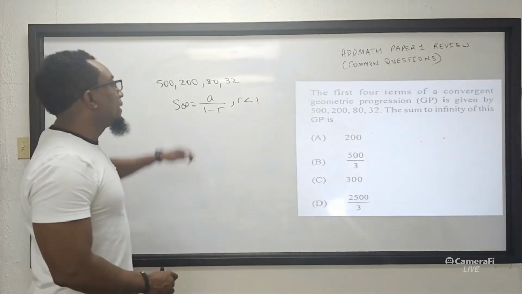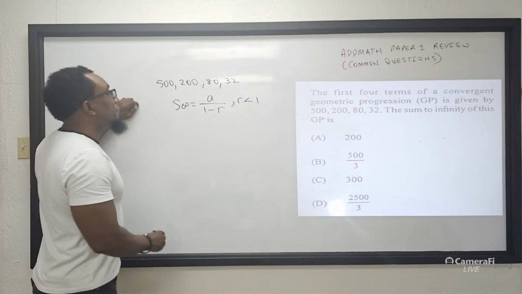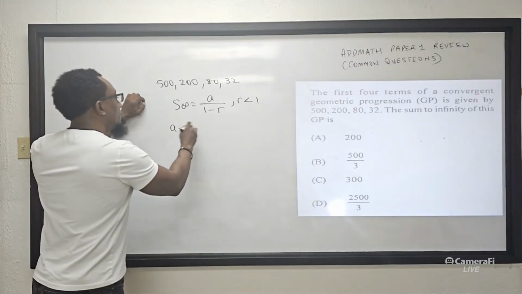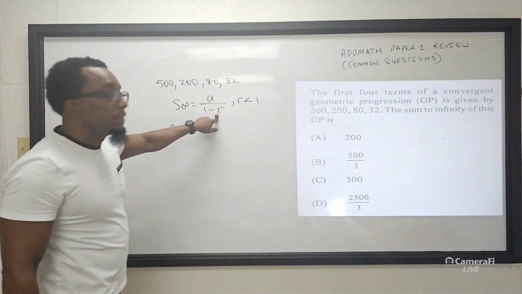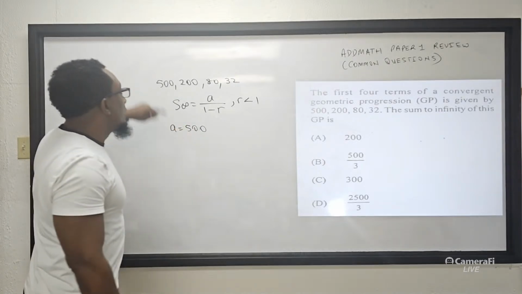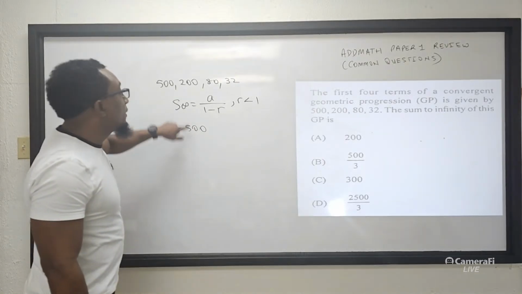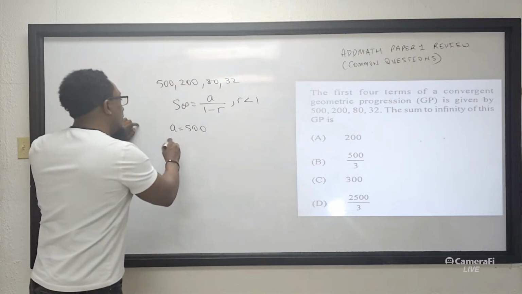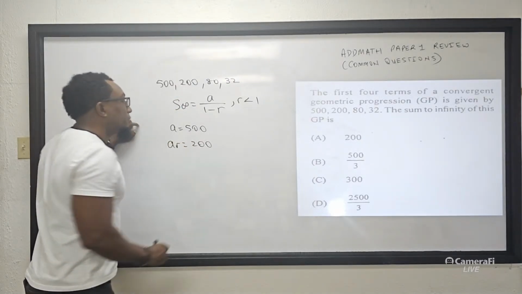So, all we need to do, we know the first term already is 500. So we need to find R. And if you're not sure what is R, this is what you can use to help you to find R. You know your first term is 500, you have the second term, which is AR, is 200.